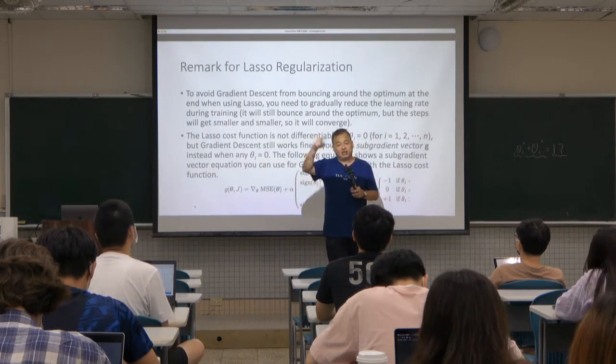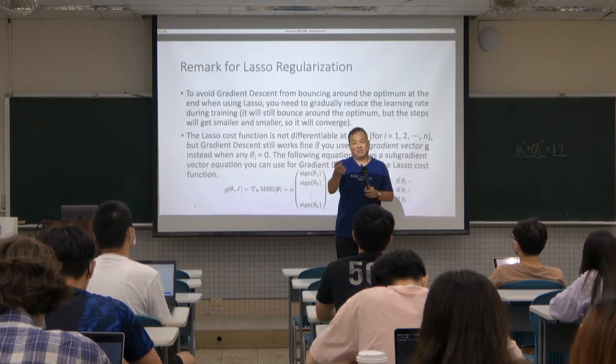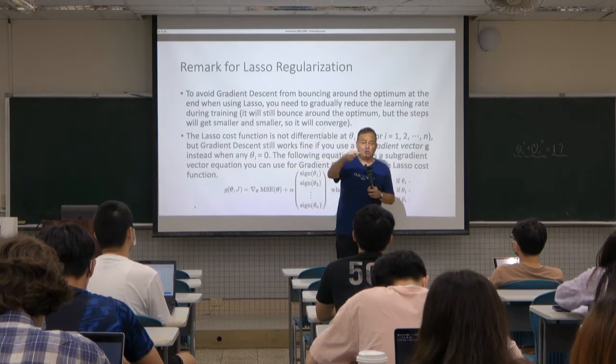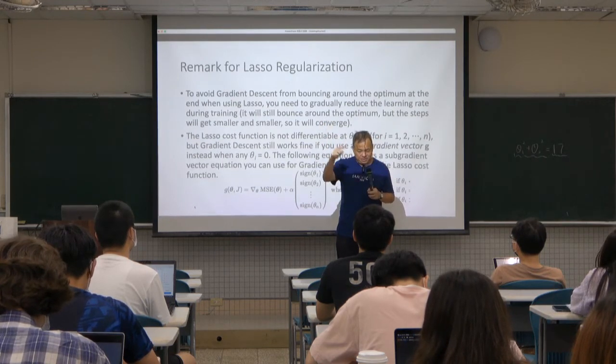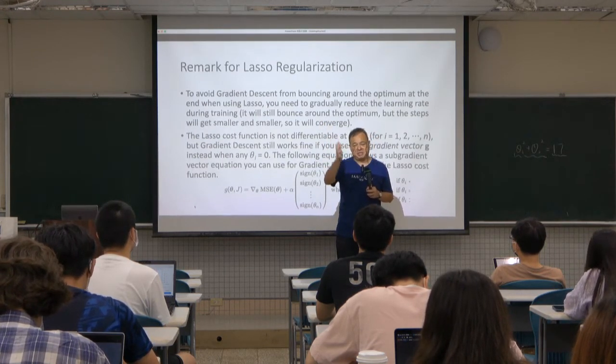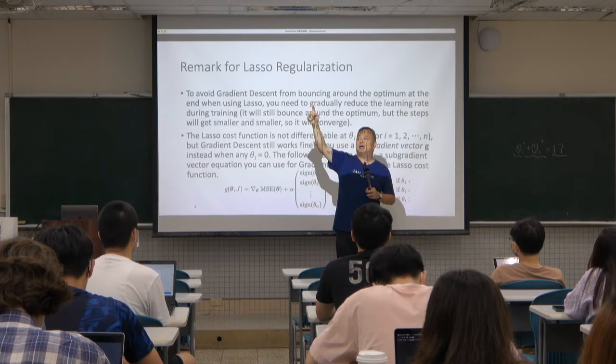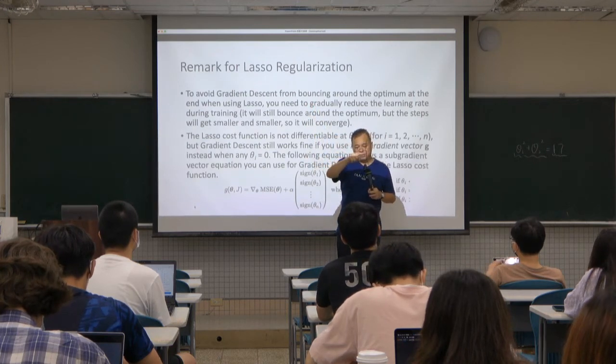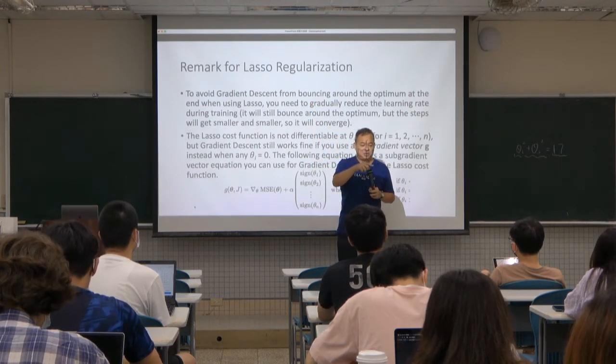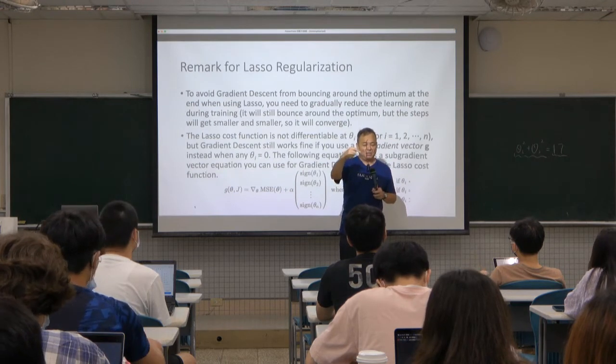Because when you differentiate the absolute value, it goes down until it reaches 0, and when the value is negative, it becomes positive.